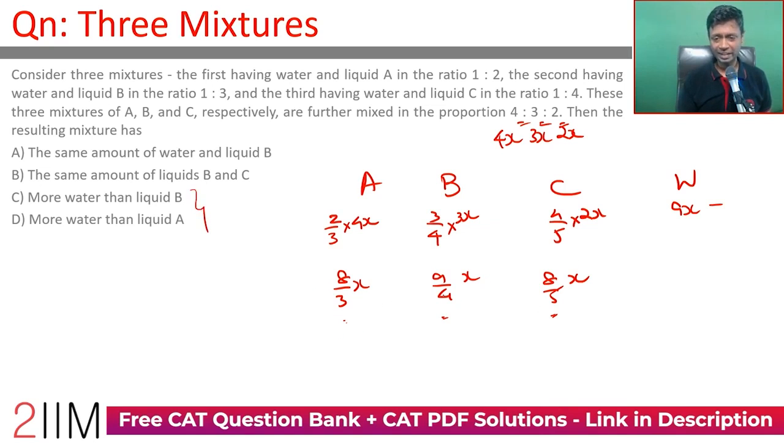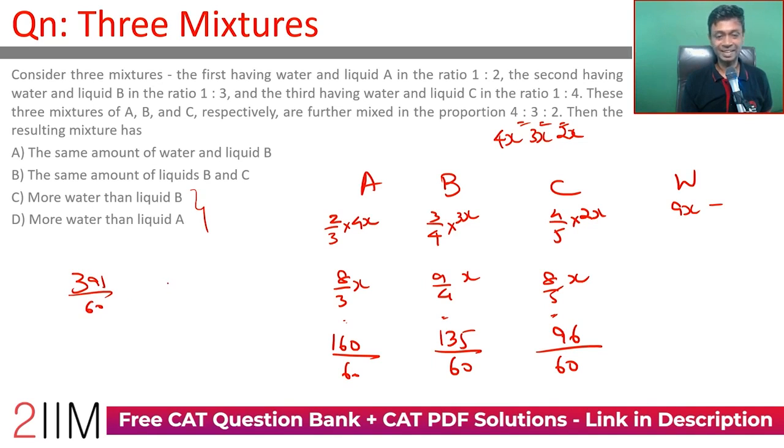This 8 by 3, 9 by 4, 8 by 5. LCM is 60. 8 by 3, 3 into 20 is 60. 8 into 20 is 160 by 60. 9 into 15, 135 by 60. 8 into 12, 96 by 60. 160 plus 135, 295. 295 plus 96, 391 by 60.